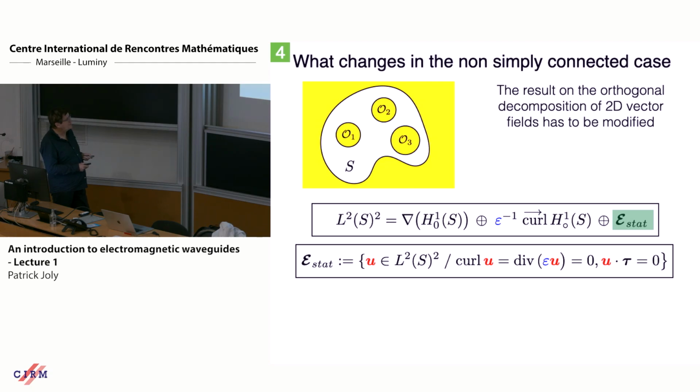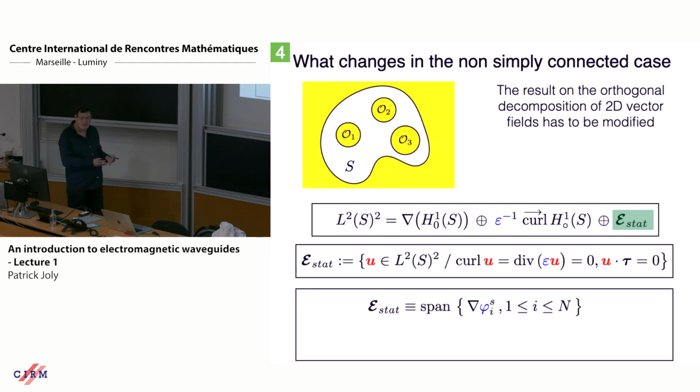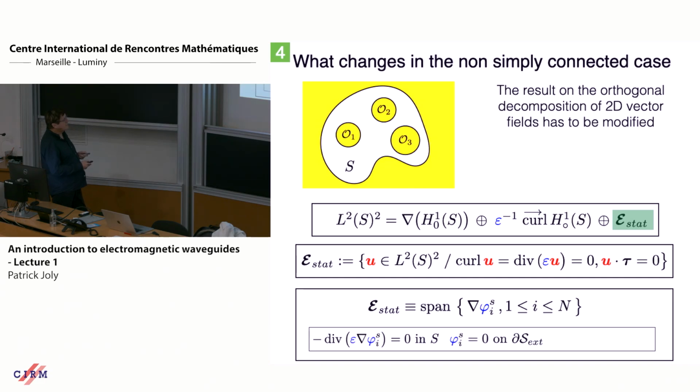But in the non-simply connected case, this space has the same dimension as the number of holes. And it is spanned by the gradients of a family of solutions of boundary value problems in S, which are solutions of a Dirichlet divergence epsilon grad problem, where you have a 0 trace on the exterior boundary, and where the particular, non-classical part is the boundary conditions on the boundary of the holes, which is given like that.